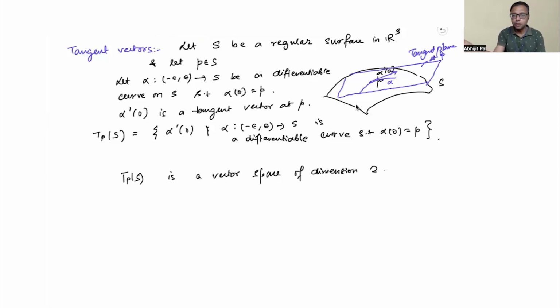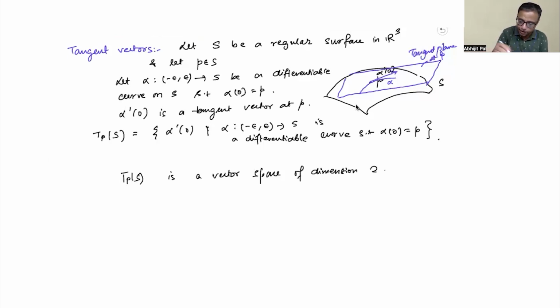Notice only one thing. This plane is a plane in R3. If P is not equal to origin, this is not a vector space. But if I shift this tangent plane to origin, then it will be a vector subspace of R3 of dimension 2.